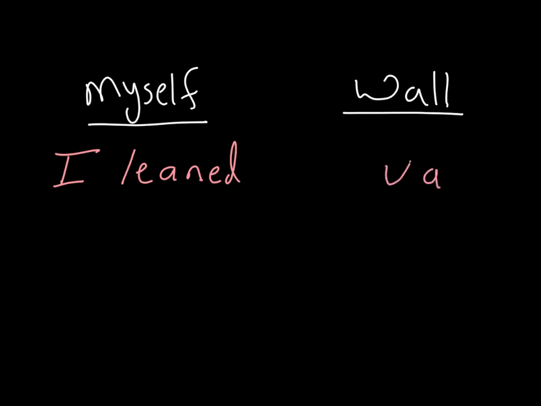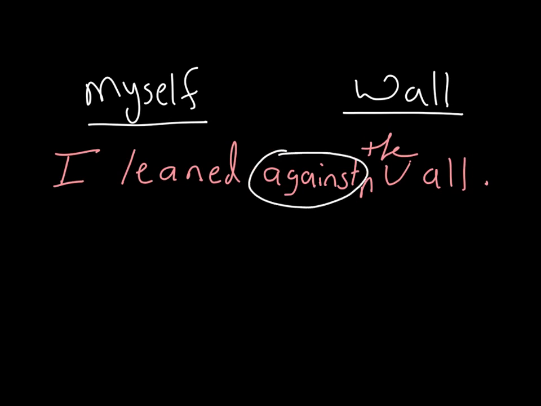So this is the wall, this is another word. I will use a preposition to show the relationship between leaning and the wall. In this case, I'm going to say against the wall. In this sense, the preposition here shows a relationship between leaning and the word wall.